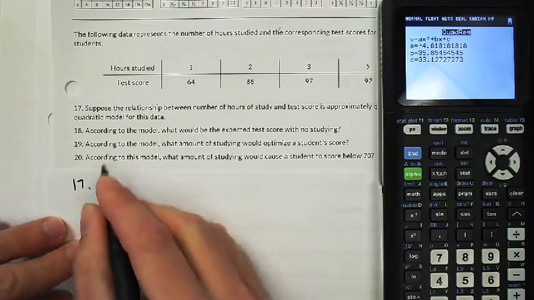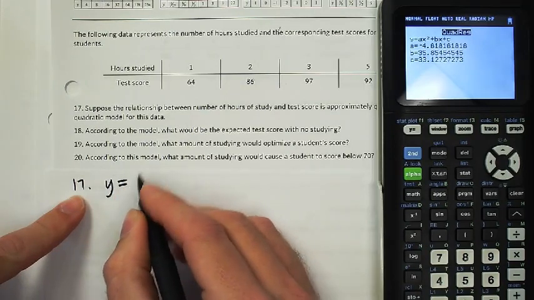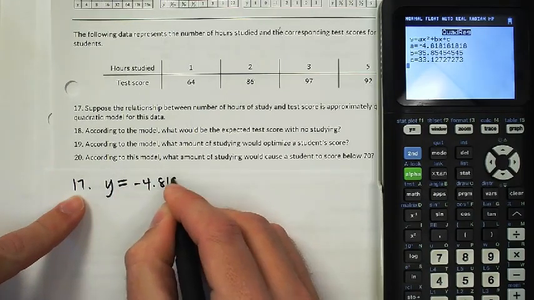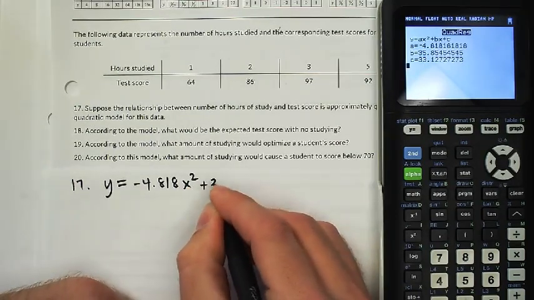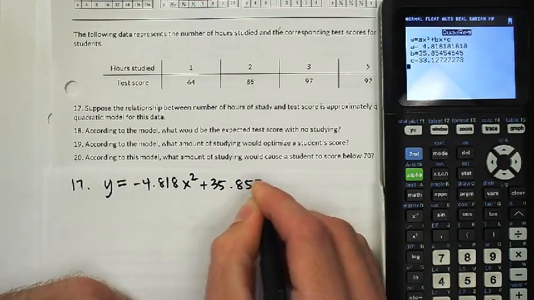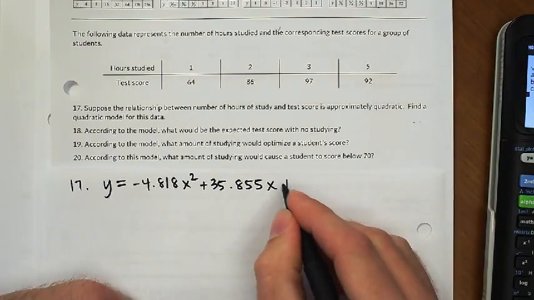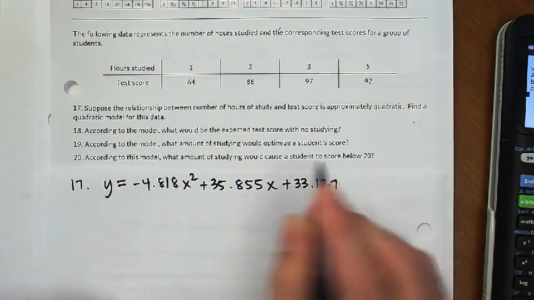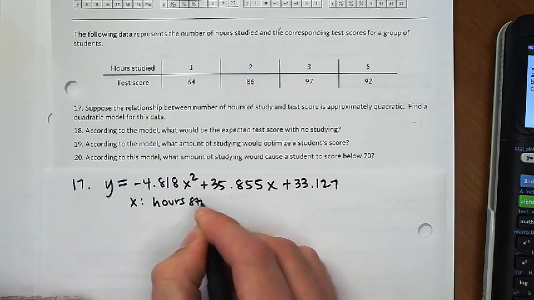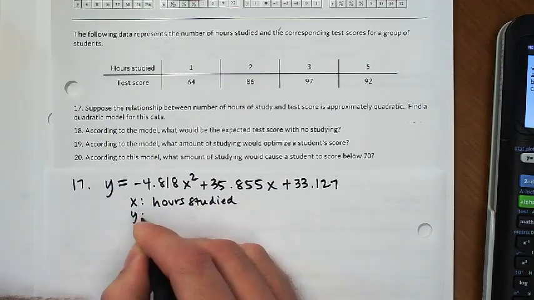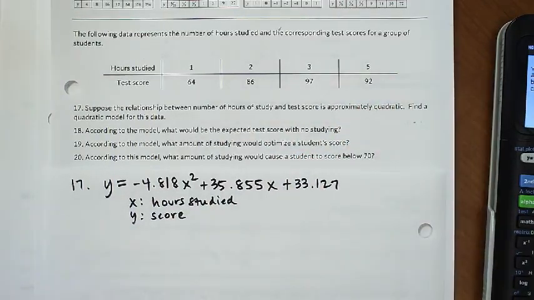So for 17, I'm going to say score y is equal to negative 4.818x squared plus 35.855x plus 33.127, where x is the number of hours studied and y is the score. And on this equation, that's like the predicted score.